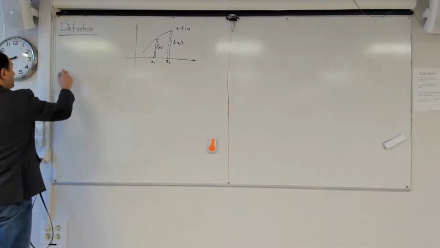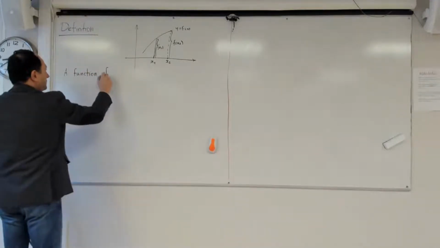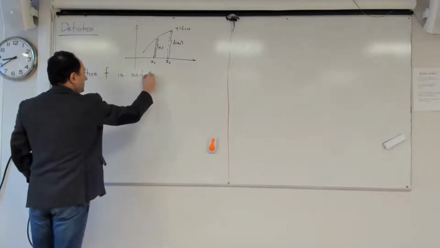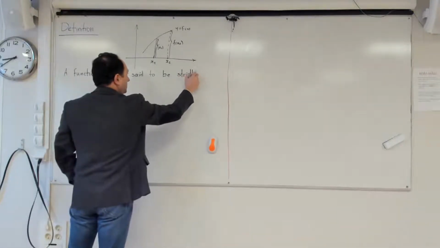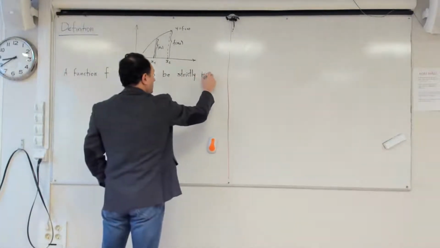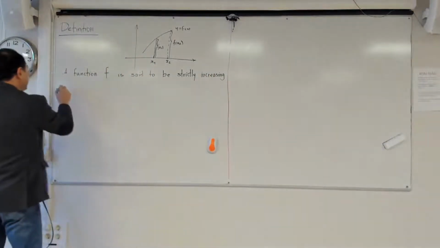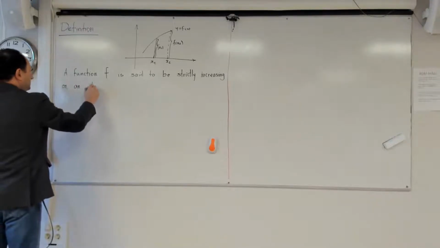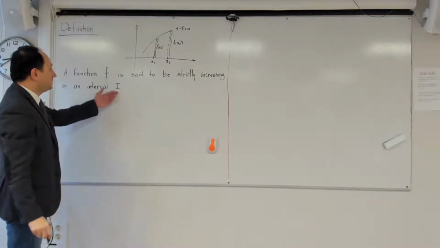Okay, so I would say that, definition: a function f is said to be strictly increasing on an interval I. So you know what an interval is.